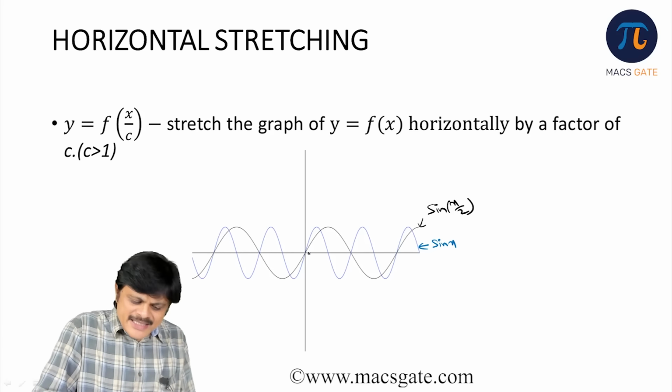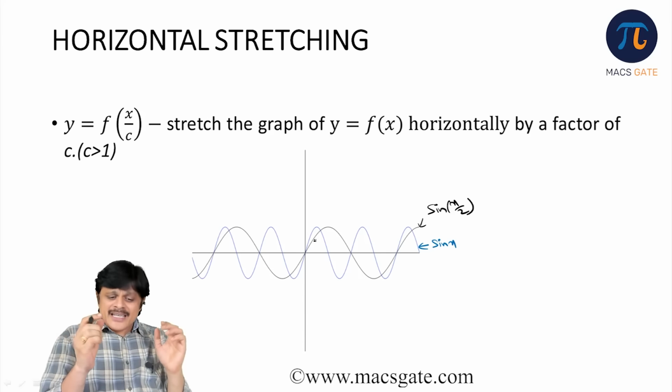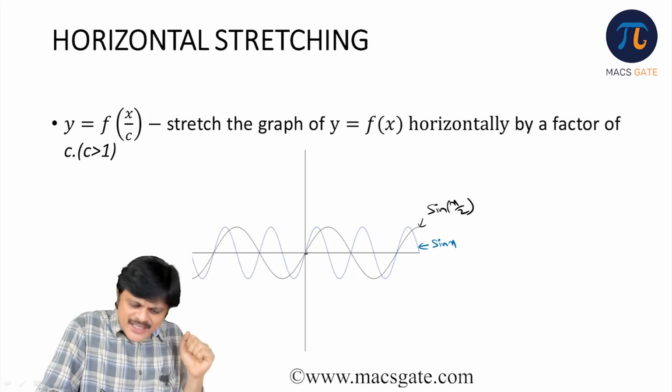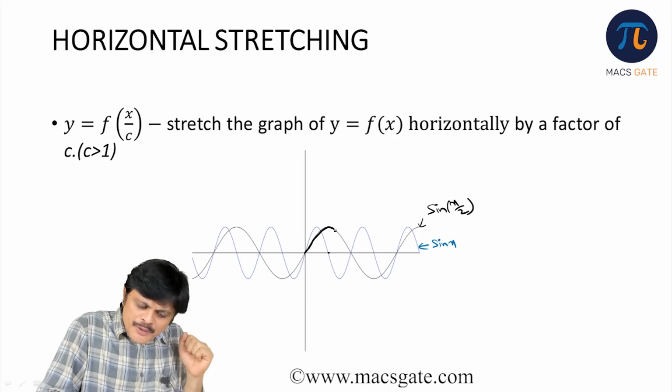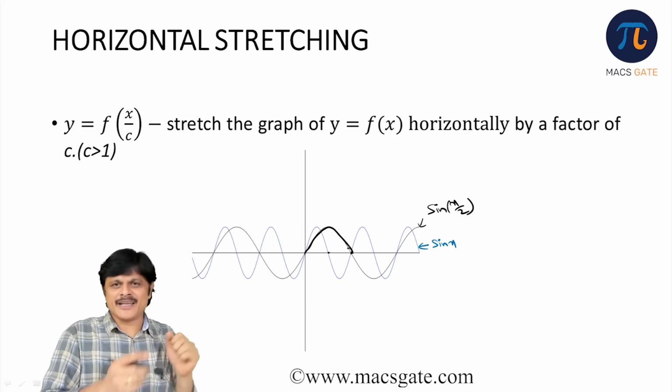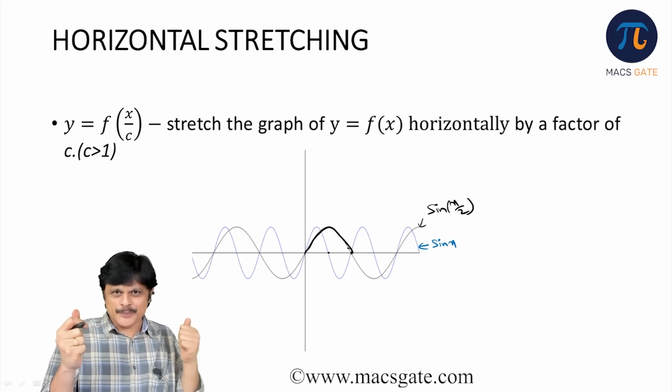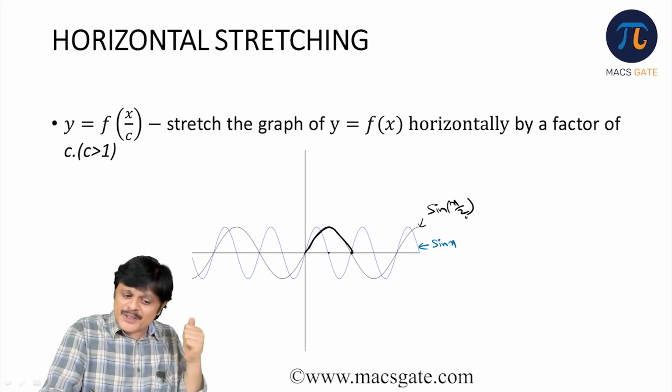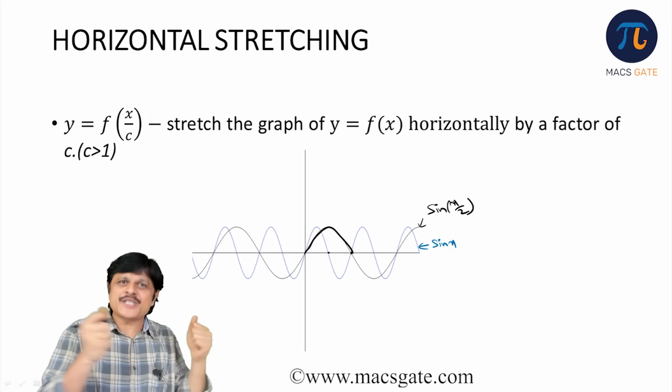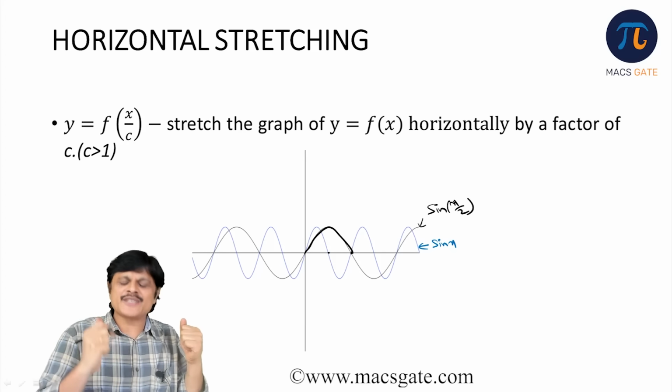So what happens? See what happened? A horizontal stretch is happening. Actually it is 0 to pi, but that is happening for 0 to 2 pi. It is stretched by a factor 2. When you divide argument by 2, it is stretched by a factor 2. So that is what is going to happen.